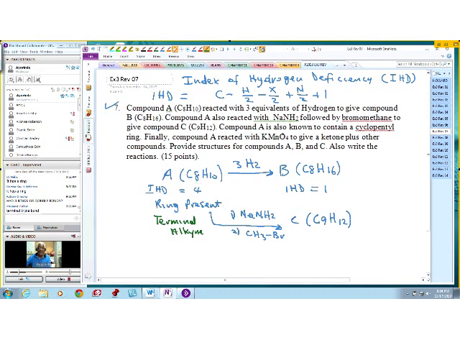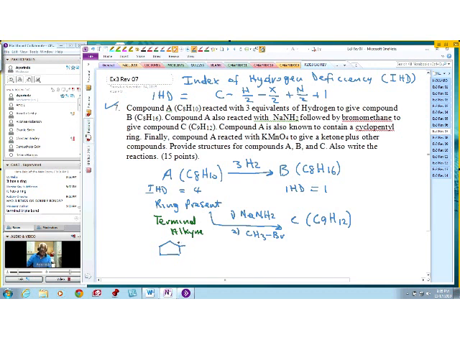It then continues to say compound A is also known to contain a cyclopentyl ring. We already said that it has a ring, so now that has been confirmed. So they now tell us it has this ring. That's that ring. So what is left here?